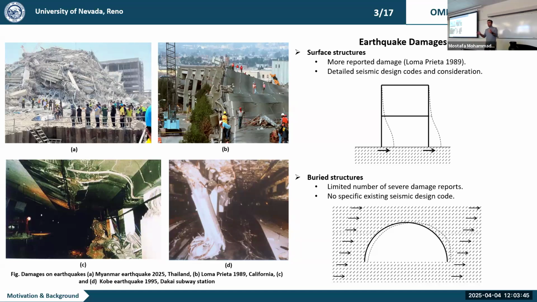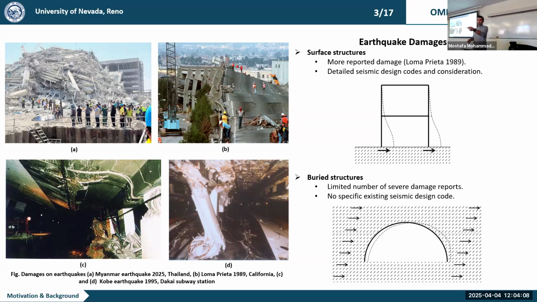But for the buried structures, it's a little different. The whole thing would be buried in the soil. The whole height of the structure will undergo the seismic deformations and everything. It can cause some complexity. For example, here on the left-hand side top figure, we can see the picture of the very recent earthquake in Myanmar.